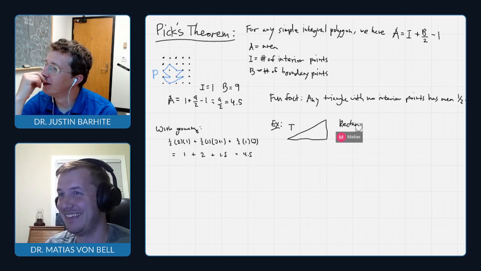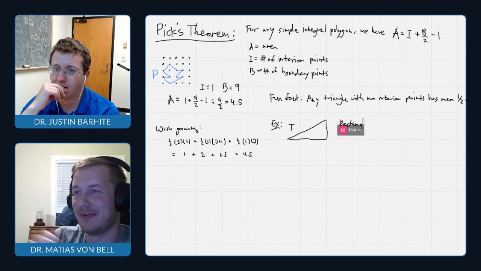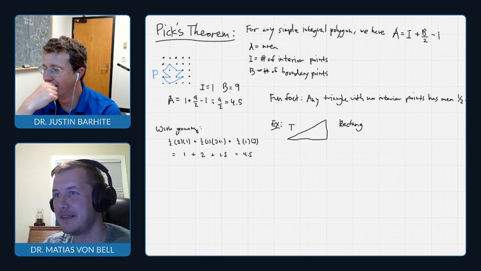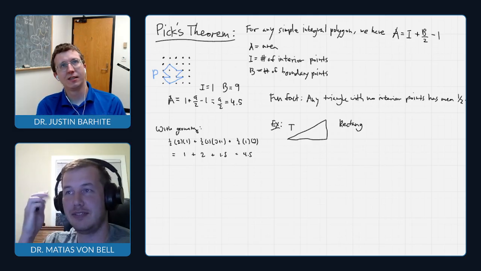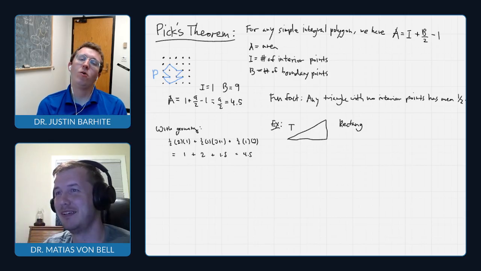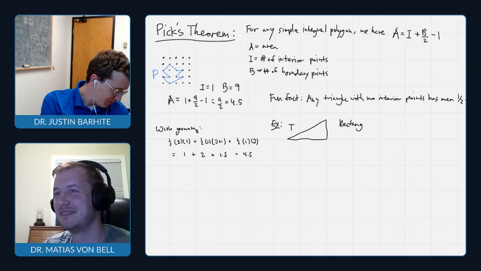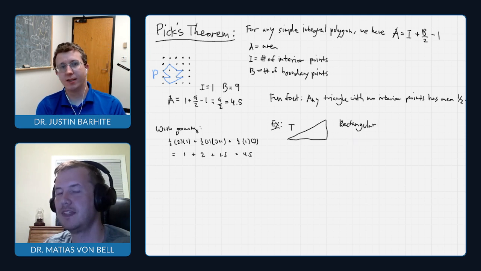Yeah, exactly. It means that exactly two edges are parallel with the coordinate axes. So in particular, it's a right triangle, but it's also oriented nicely.